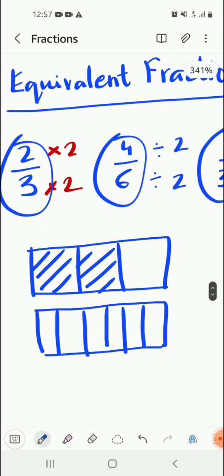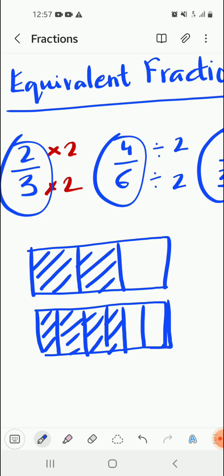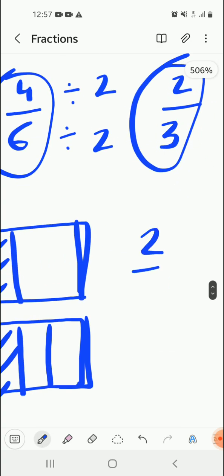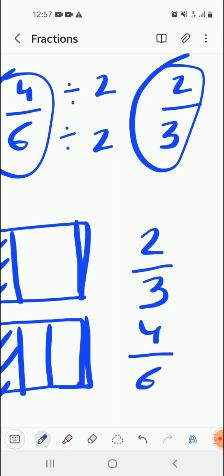Whereas for the second fraction, I'm trying to show you the 4 by 6. Here again we have to shade four parts: one part, two parts, three parts, four parts. So if you see, both of them are the same. This is because these two are actually equivalent fractions. You will see the share of it is actually the same. So in this way, diagrammatically also, we can prove that 2 by 3 and 4 by 6 are the same.